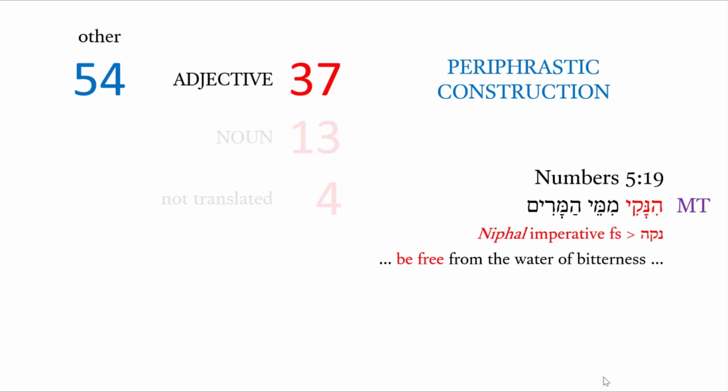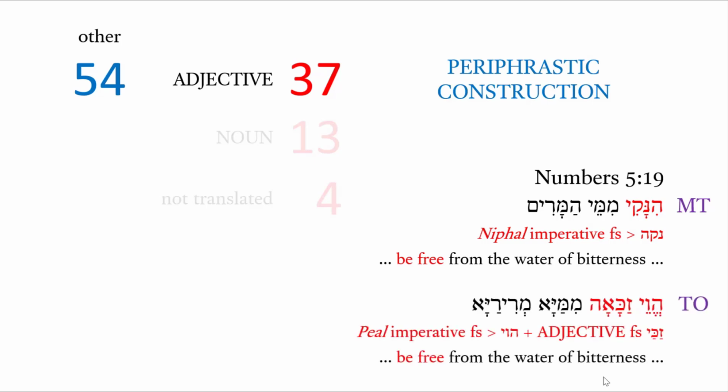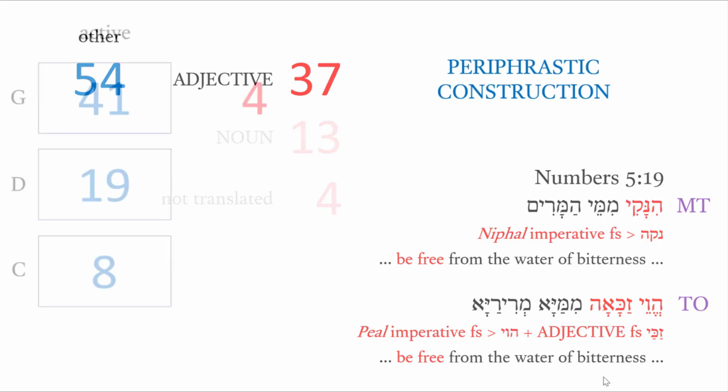So look at this. Nifal imperative feminine singular, be free from the water of bitterness in the Hebrew. Be free, same thing, but here the be is the imperative rather than be free put together as a verb idea. Be, and then an adjective, free. So same meaning, right? But just rendered with a periphrastic construction with an adjective.